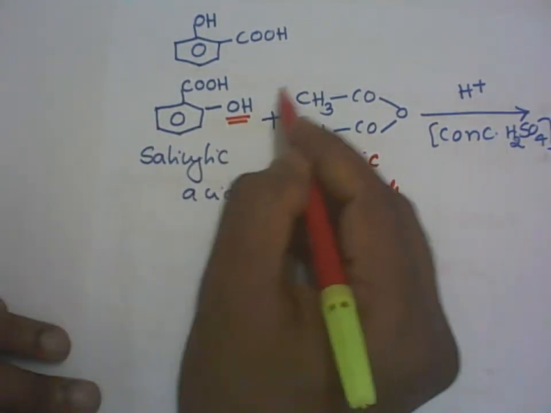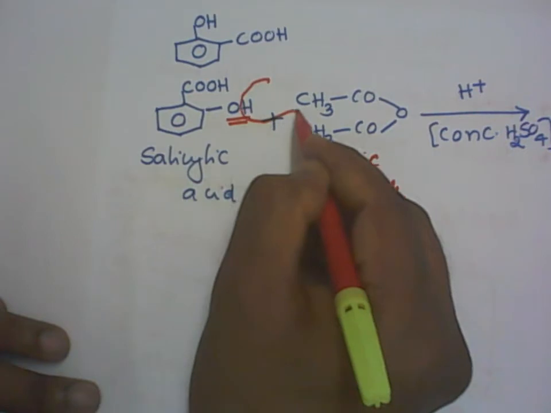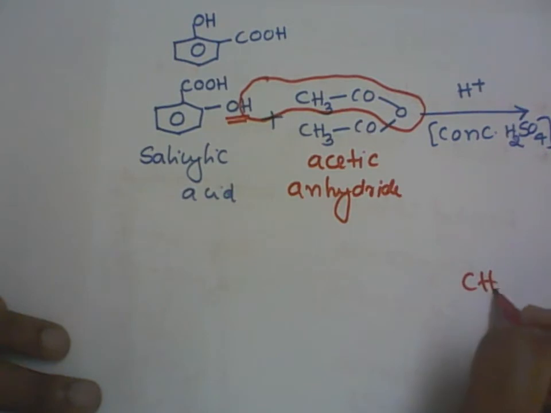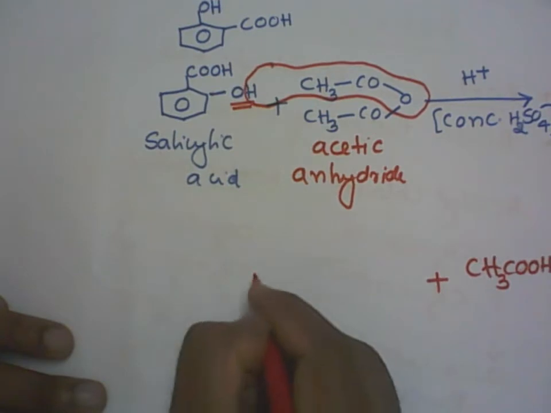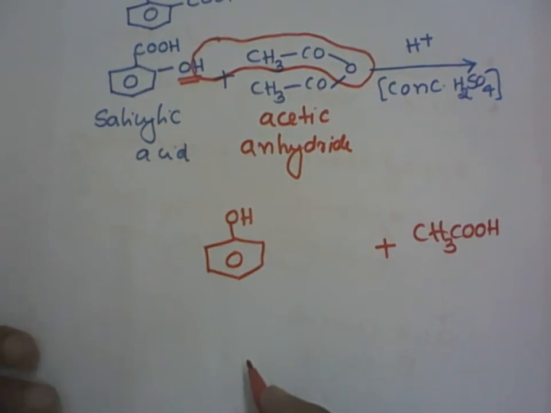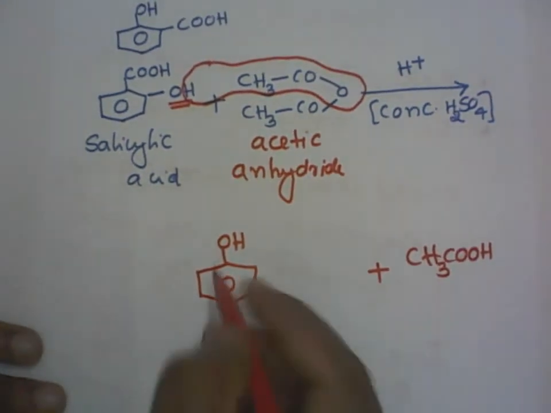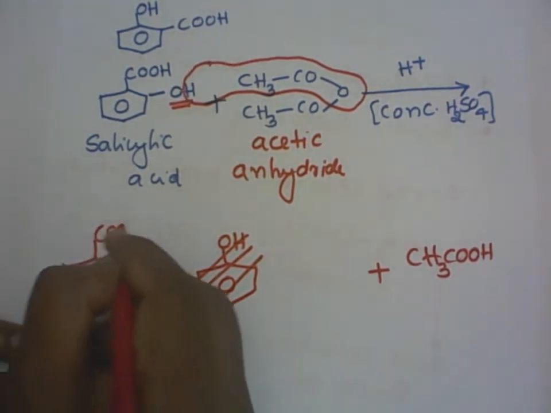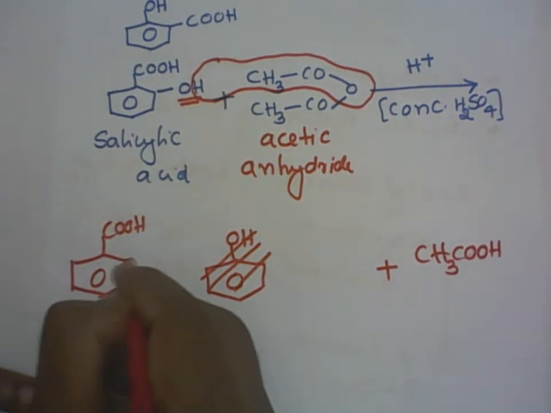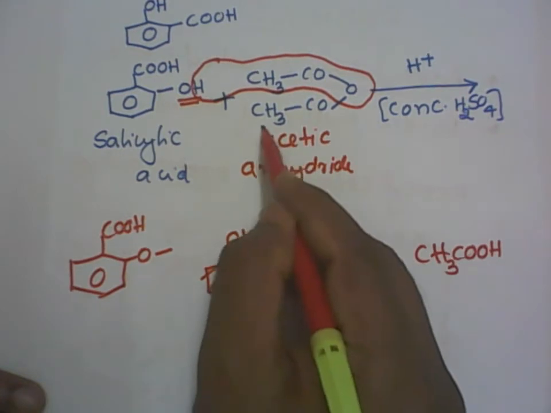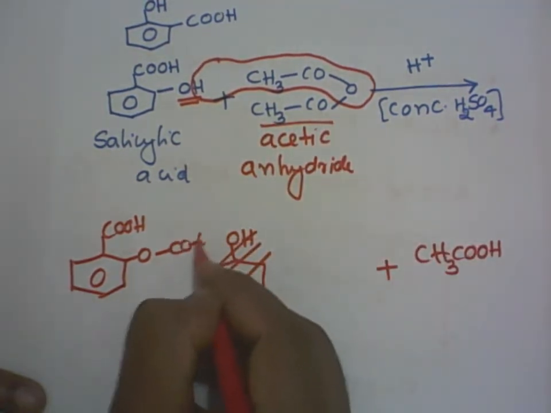So you remove the side product, acetic acid, CH3COOH. One product is the side product acetic acid, and the main molecule we are interested in is the benzene ring attached to the COOH group. Then oxygen is there, and this will be attached to the remaining group here. What is the remaining group? COCH3.